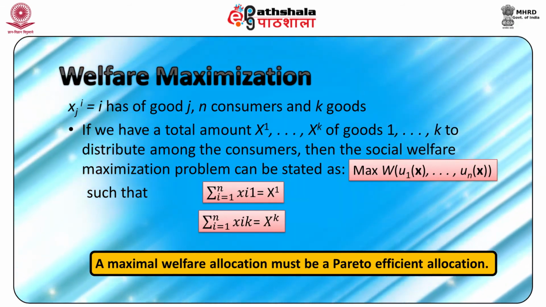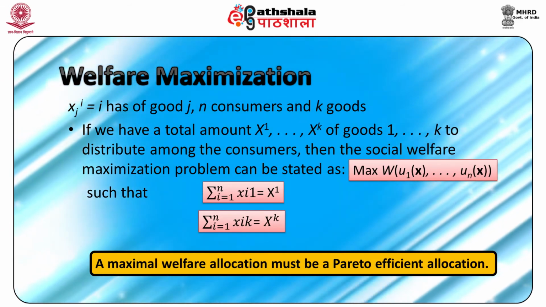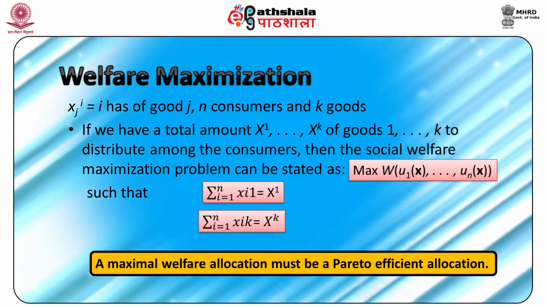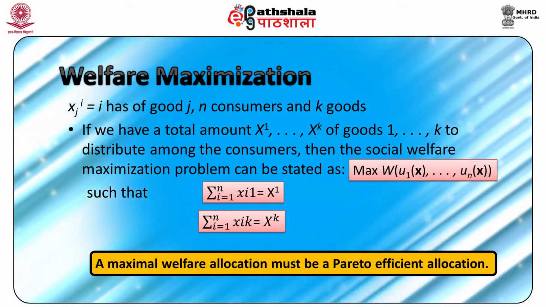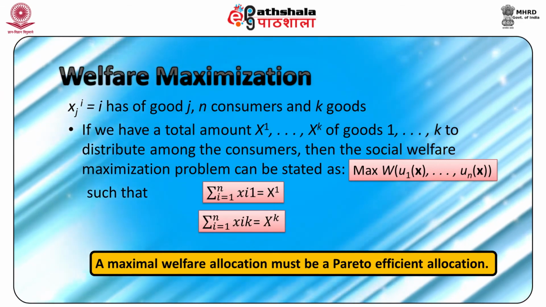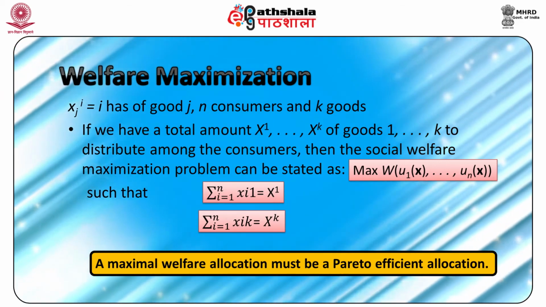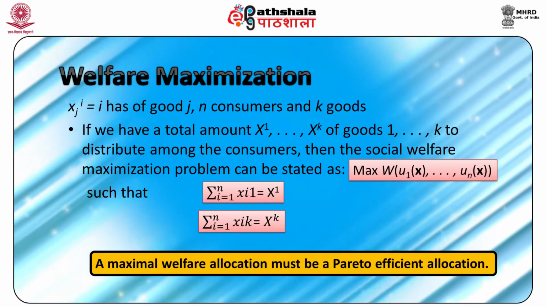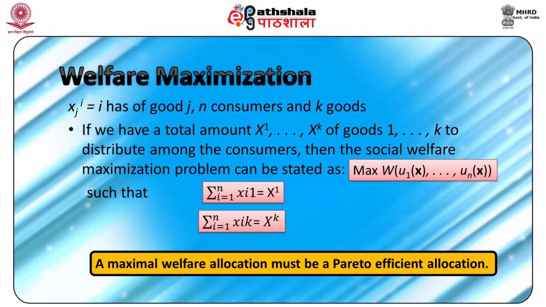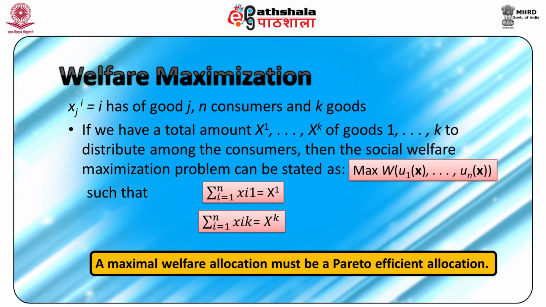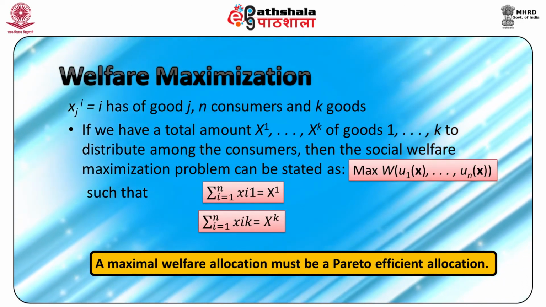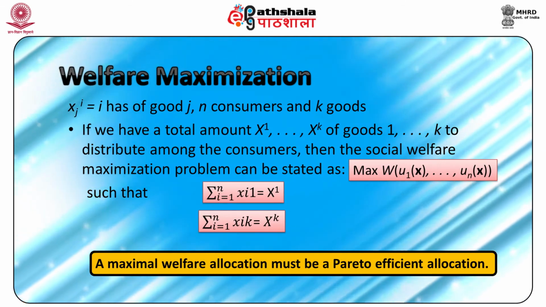If we have a total amount x^1 to x^k of goods 1 to k to distribute among the consumers, then the social welfare maximization problem can be stated as: max W(u_1(x_1), ..., u_n(x_n)) such that the sum of x_i^1 is equal to x^1, up to the sum of x_i^k is equal to x^k.